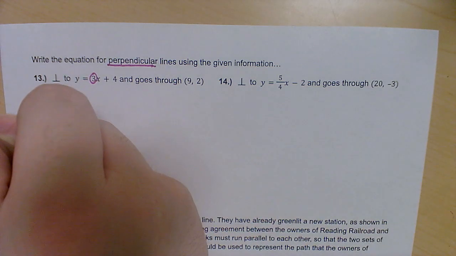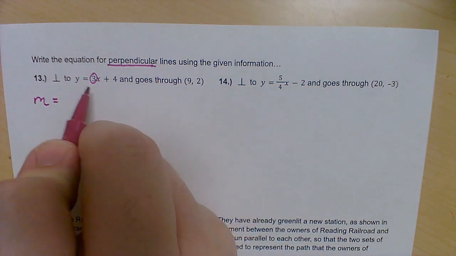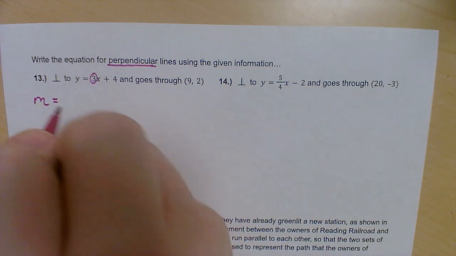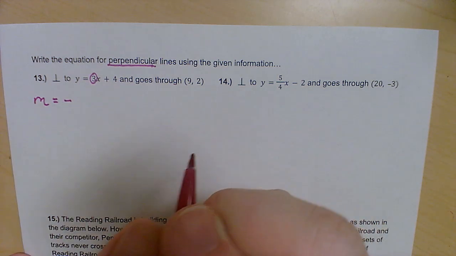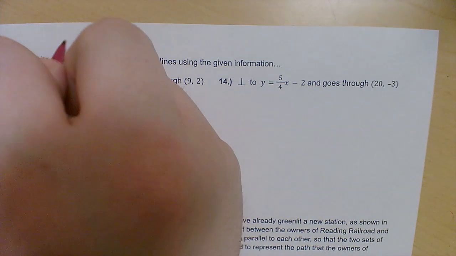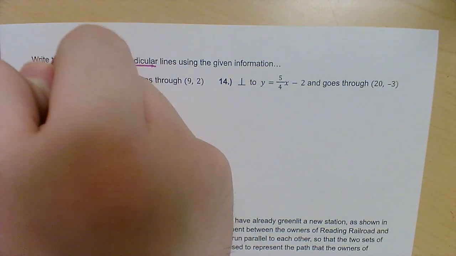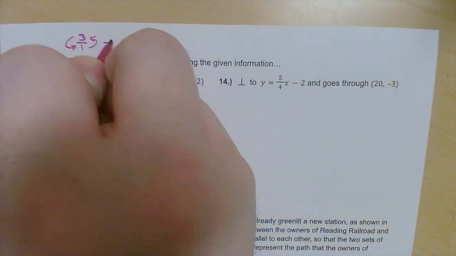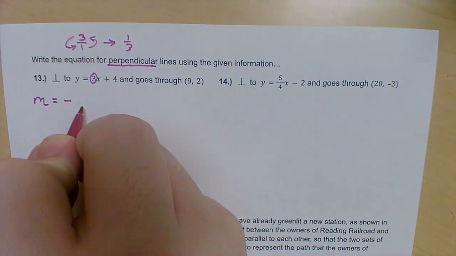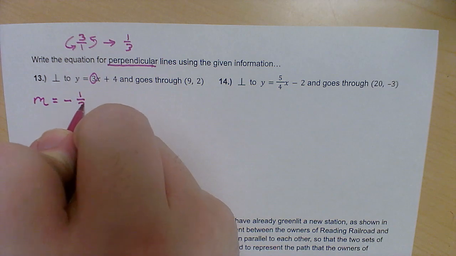We're going to use the perpendicular slope, which, okay, since 3 is positive, we know our perpendicular slope is negative. And then, let's see, 3 is the same thing as 3 over 1. If I flip those upside down, I get 1/3. So the perpendicular slope is negative 1/3.